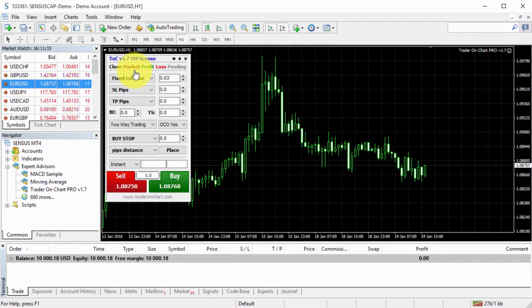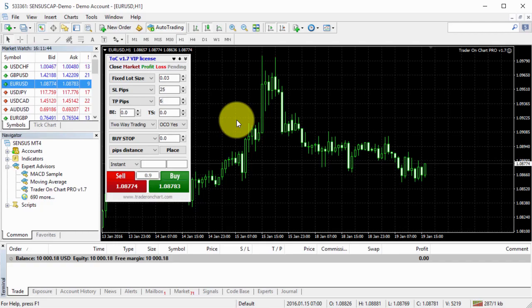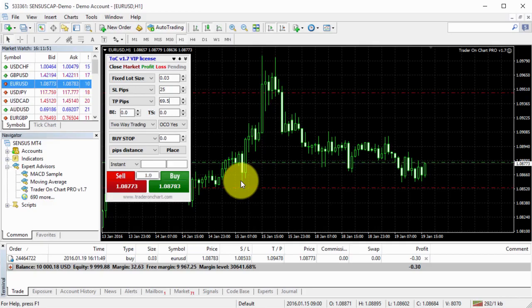Let's try again. This time let's add a stop loss of, let's say, 25 pips and a take profit of, let's say, 69.5. I will click buy, and immediately it will open the buy trade and place the stop loss and the take profit that I have set right here.